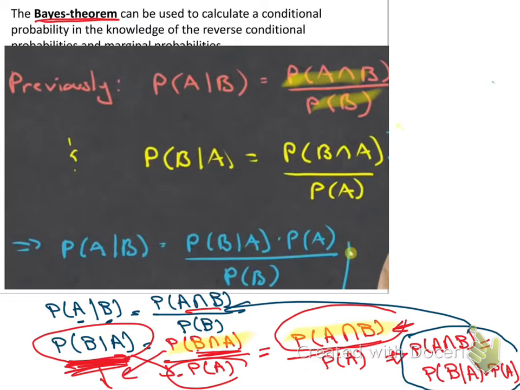If I explain it to you in this example, it is better. Here I have the probability of A given B equals the probability of A intersect B divided by the probability of B, which is the last one.